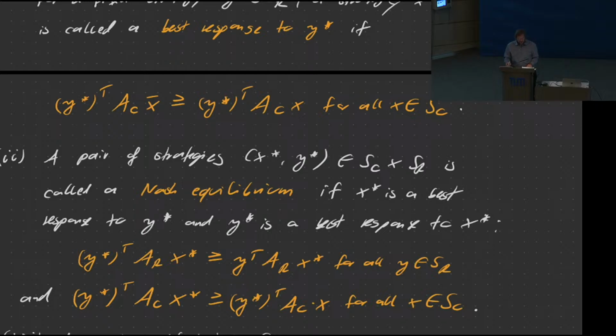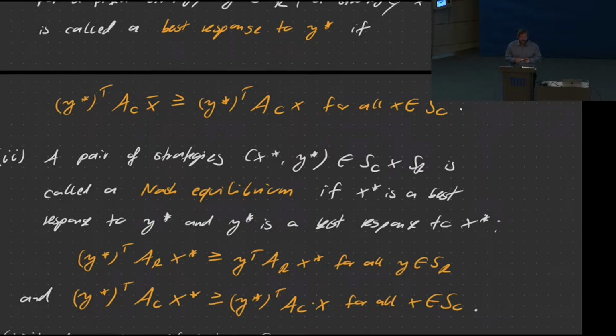And formally, a Nash equilibrium is simply a set of 2 strategies, one for row, one for column, that are best responses to each other. So X star is the best response to Y star, and Y star is the best response to X star. And that means none of the players has an incentive to switch to some different strategy.